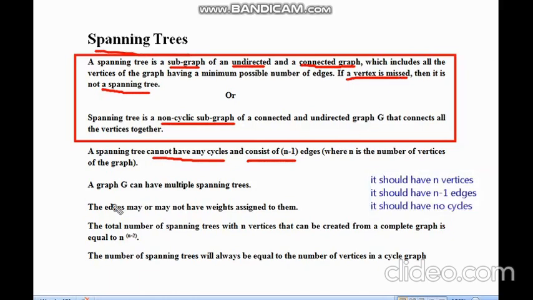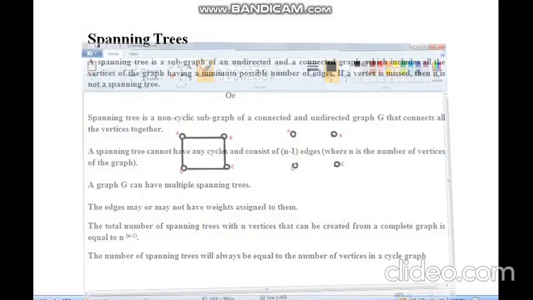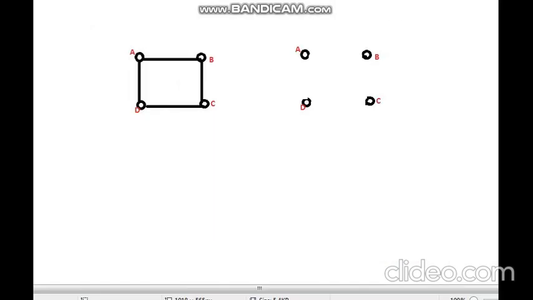Now a graph G can have multiple spanning trees. Let us check with this example. This is a given graph. How many vertices? 4 vertices. Yes, I took 4 vertices in the spanning tree.